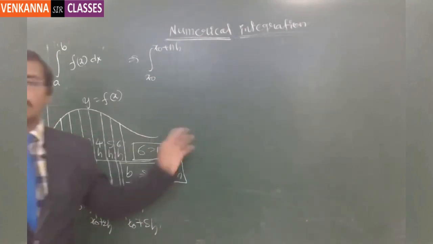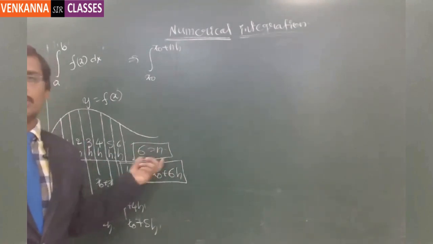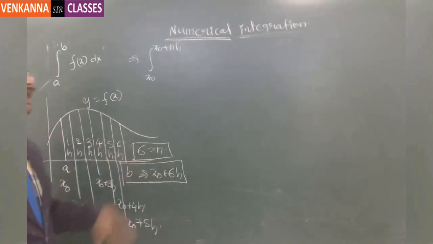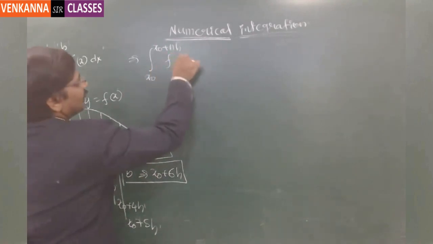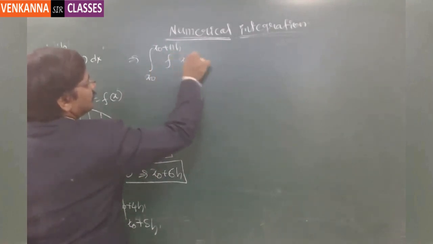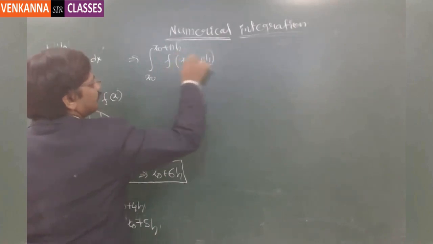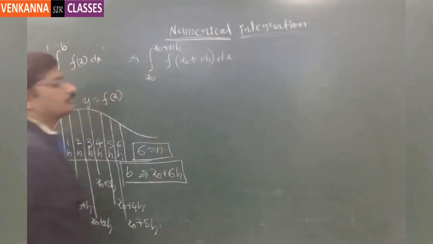Now given a random curve, you can divide this into any number of equal intervals, and depending upon the accuracy, you can divide this. Here f of x is integrated from x0 to x0 plus nh, dx.